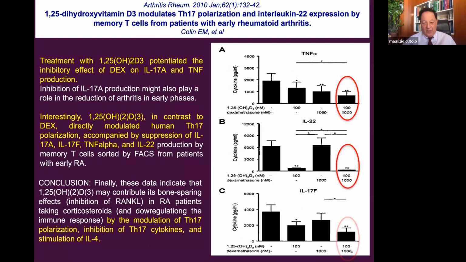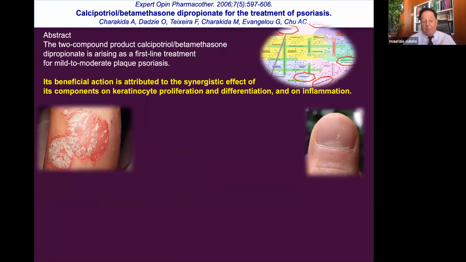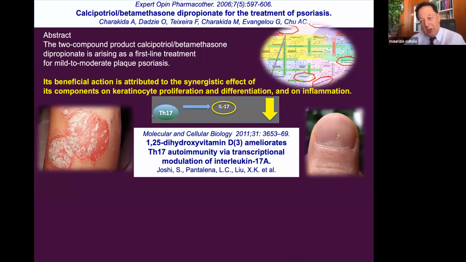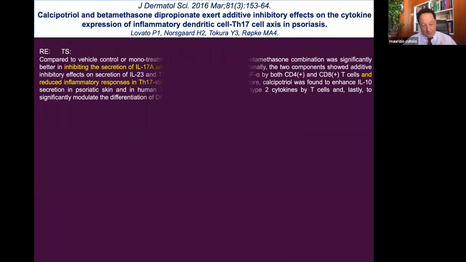And here you can see a clear example of how the association of vitamin D and cortisone increases the downregulation of the lesion, a synergistic effect. Cortisone plus vitamin D exert an important downregulation. Even sun exposure does this. And now we know that the bridge between the actions is vitamin D.